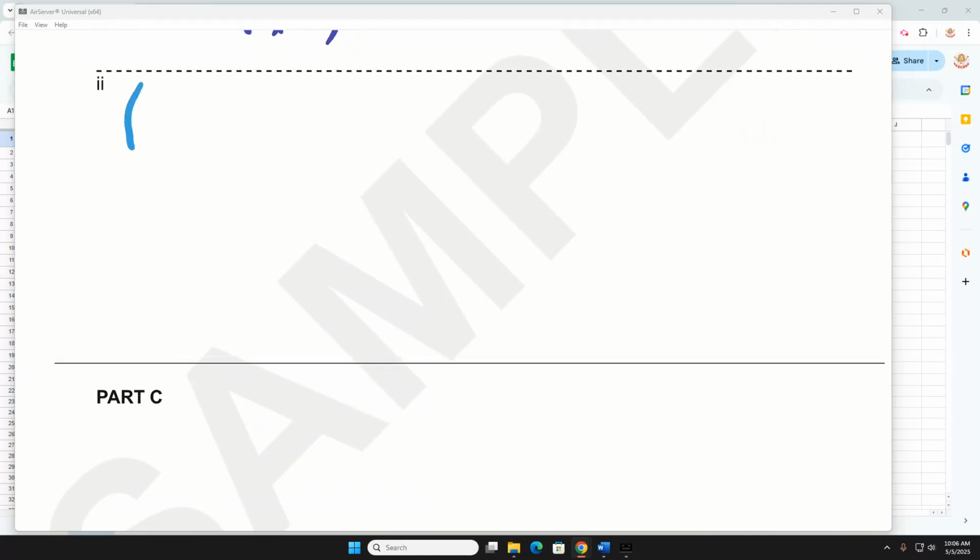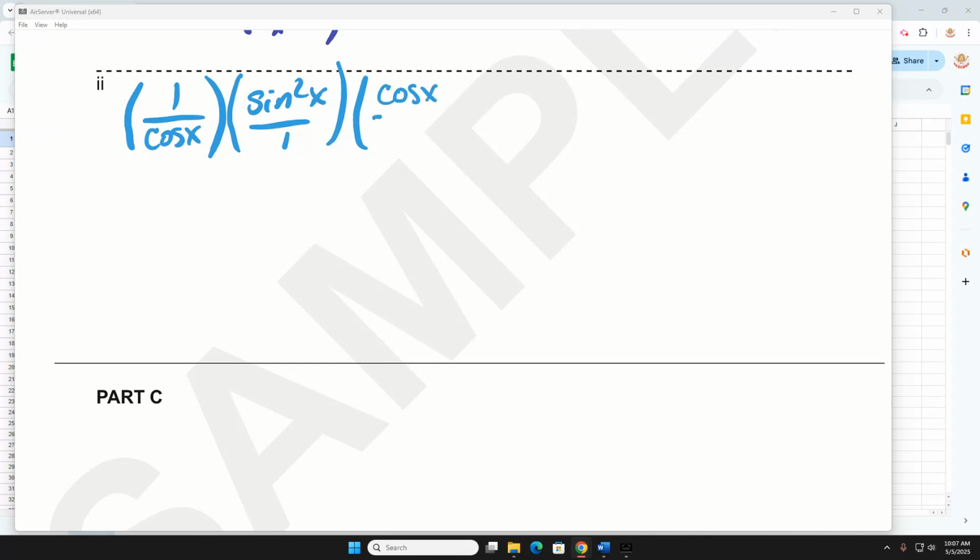So let's do that. For secant of x, we'll change it to 1 over cosine of x. Sine squared, we're going to leave alone, leave it like it is. I'm going to put it over 1. You don't have to if you don't want to. That's not right or wrong. And then for cotangent of x, we're going to change it to cosine of x over sine of x.